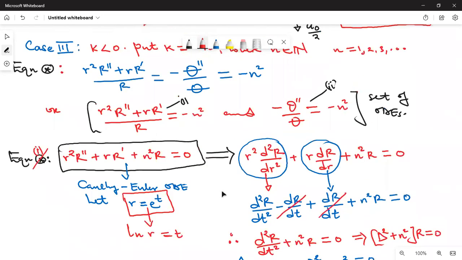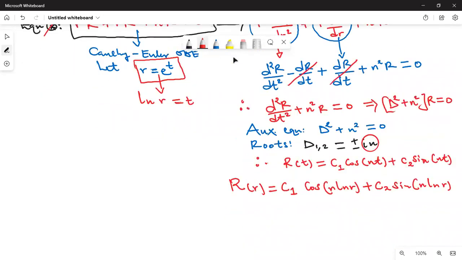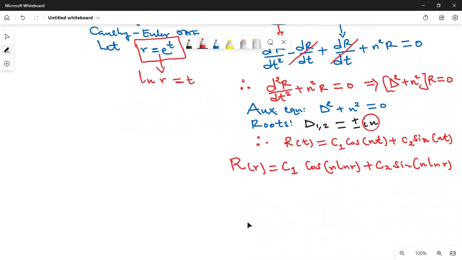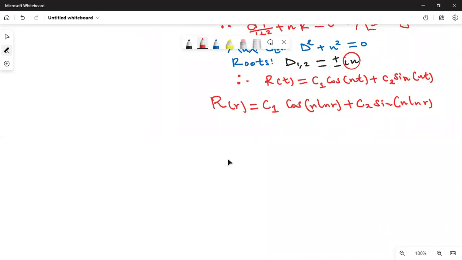Let's see how to solve the second equation. We have theta double prime over theta, of course negative, is equal to negative n squared. So we're going to write equation 2. Which equation is this one?